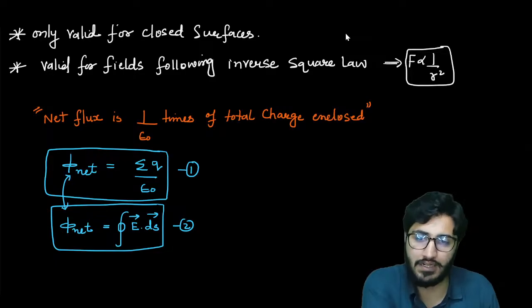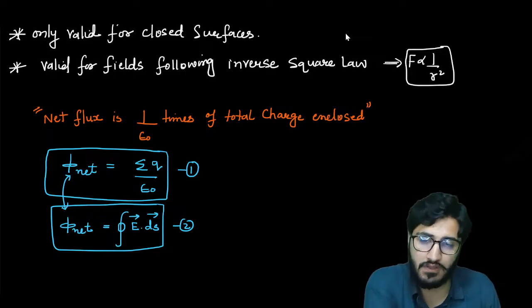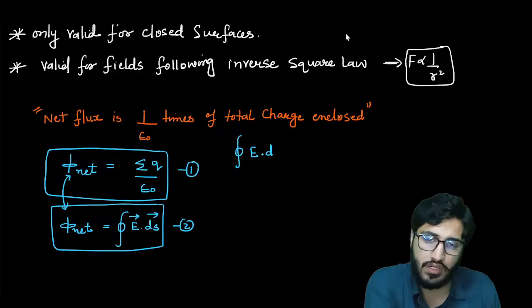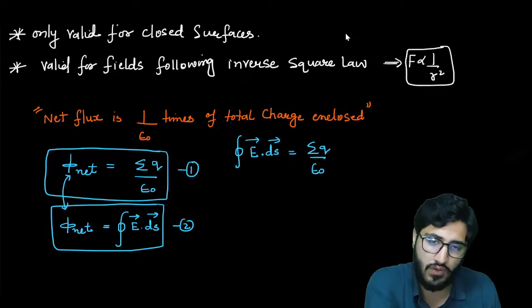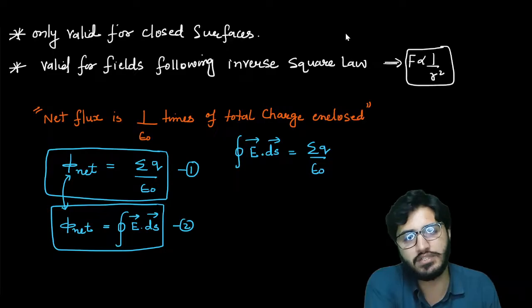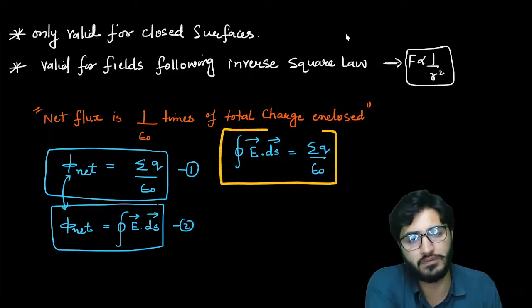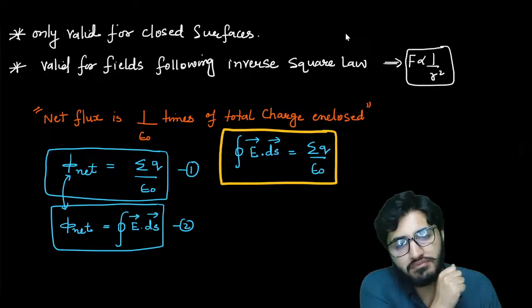So can I write the closed integration of E dot ds equal to summation of charge divided by epsilon naught? This is the last one that you need to remember, the most important one.